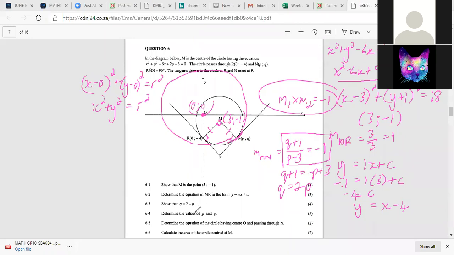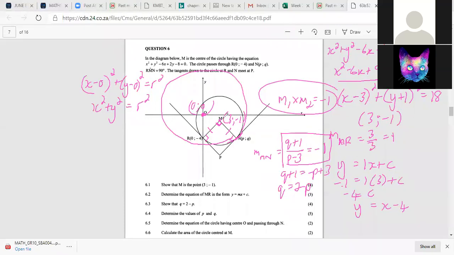Oh, it says here, sorry, I left this out. We're not going to be able to do this without finding P and Q first. So we're going to have to think of a way of finding P and Q. It's on this line, right? It's on line MN.